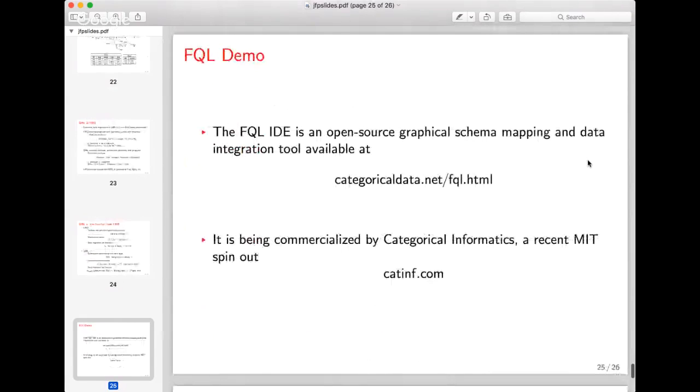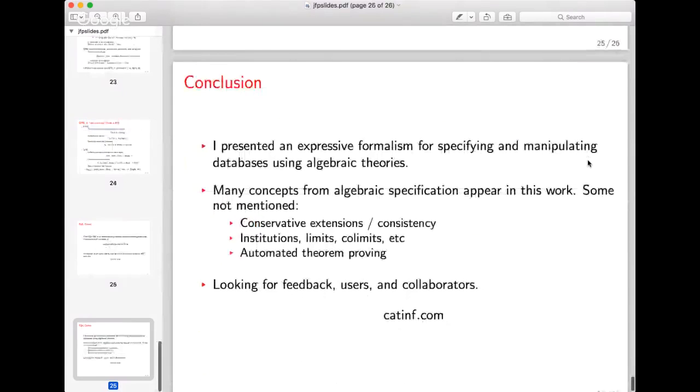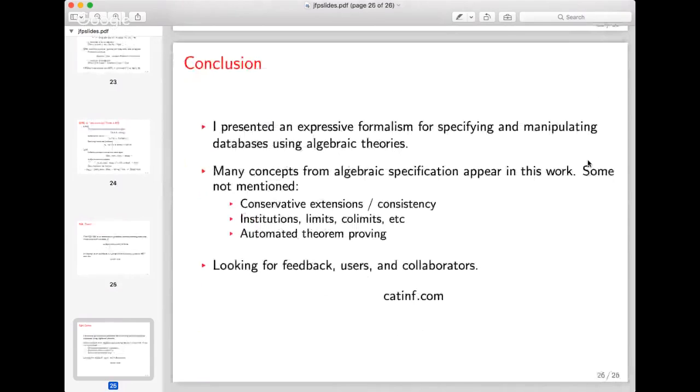All right, so this is the point in the talk where I usually show the FQL tool, but seeing as how that's been described in some previous talks, I will just conclude by saying that I presented a formalism based on equational logic, based on algebraic theories for specifying and manipulating databases and queries.